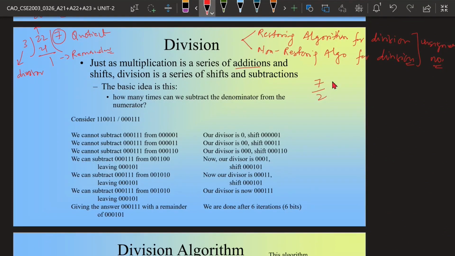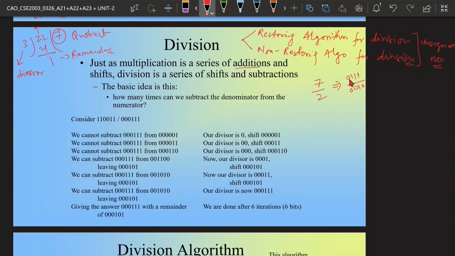For division, we can just subtract this 2 from 7, and then shift the bits of 7. In the case of 4 bits, 7 is like this, and 2 is like this. So we need to subtract this 2 from the 7.